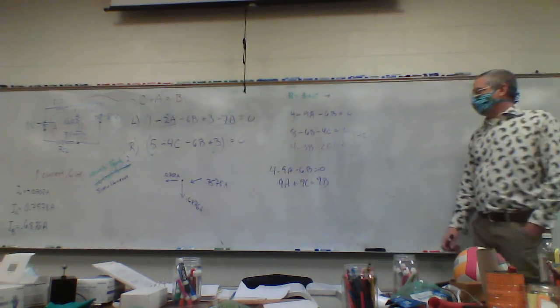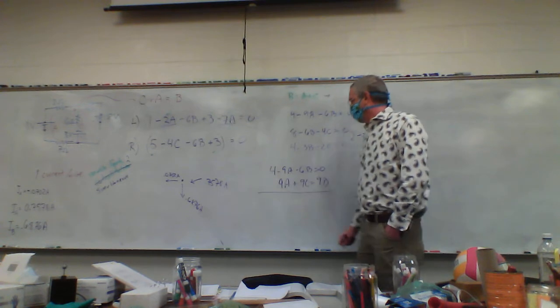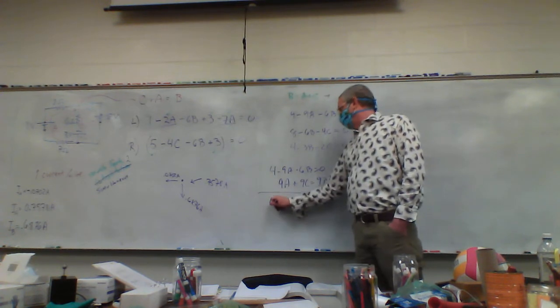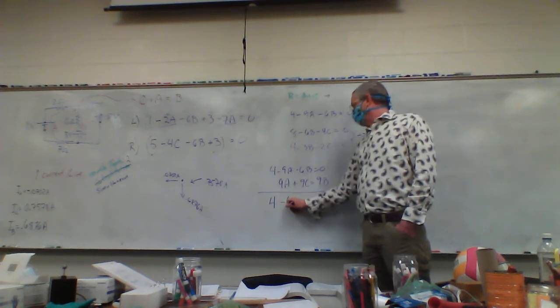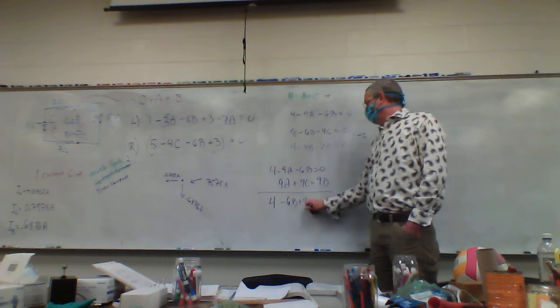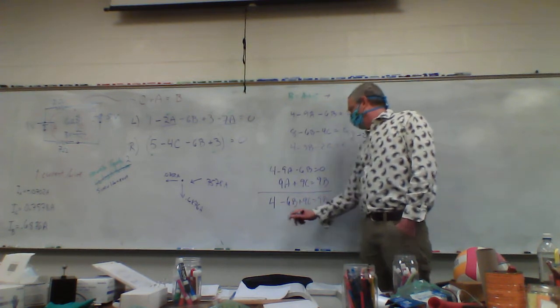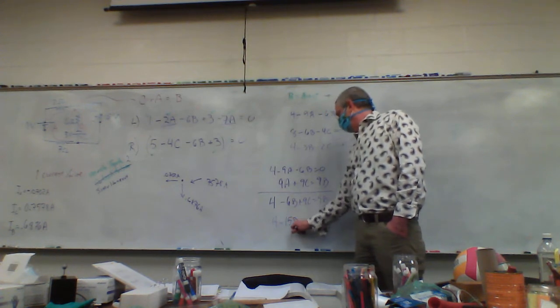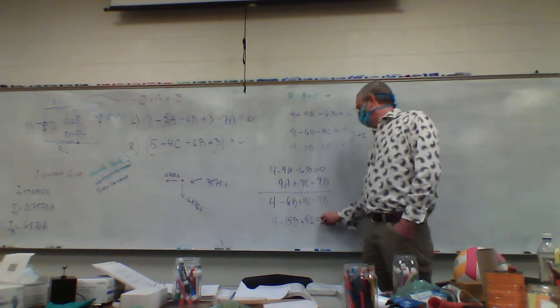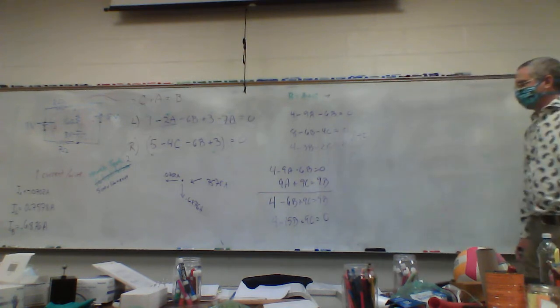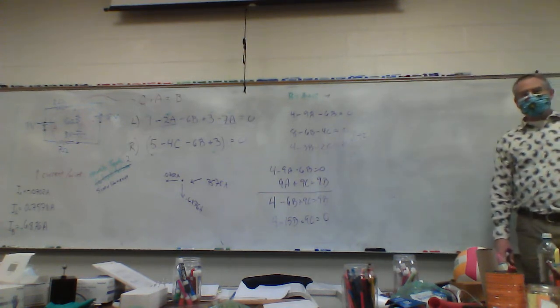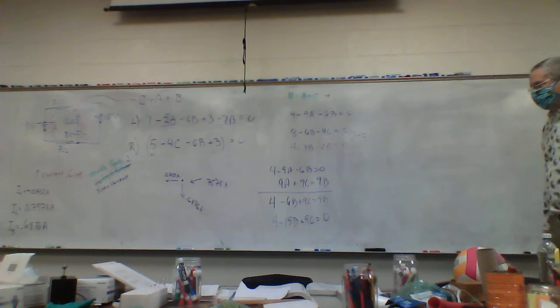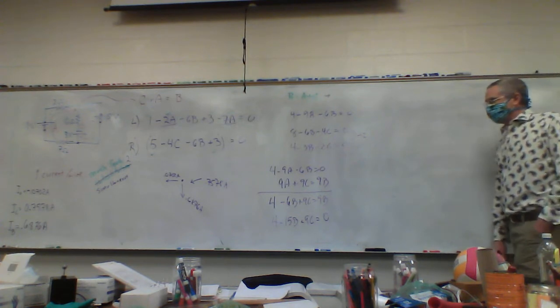And then I just add. So I have 4 minus 6B plus 9C is equal to 9B, or 4 minus 15B plus 9C is equal to 0. So you multiply an equation by some constant, which will get you where you can just add up equations and cancel out.